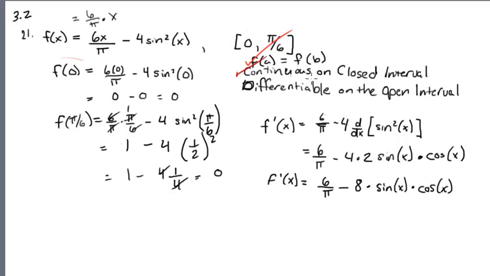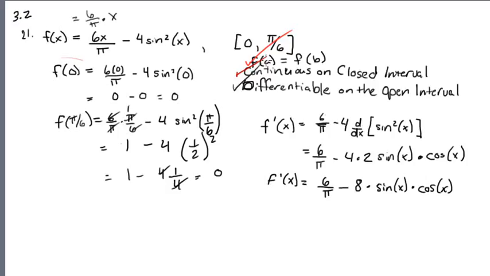I don't need to put them in there. And it's differentiable there because I can take a number like pi over 8, let's say, and put that into here, and I would get out another number, right? So, since both of these functions are continuous and defined just about everywhere, and actually everywhere, my function is differentiable on the open interval.